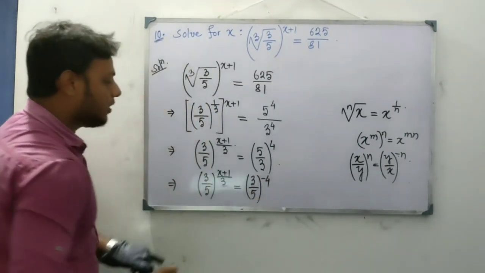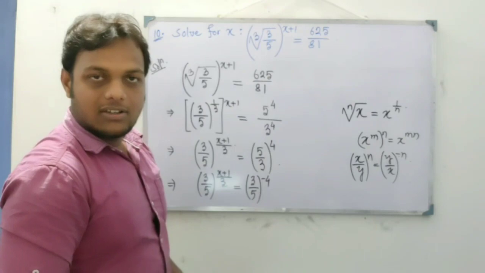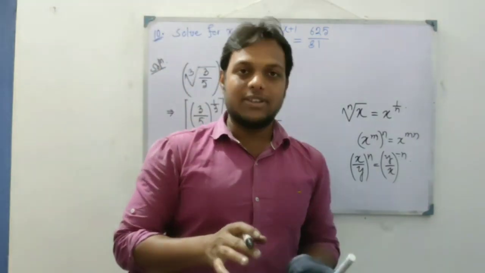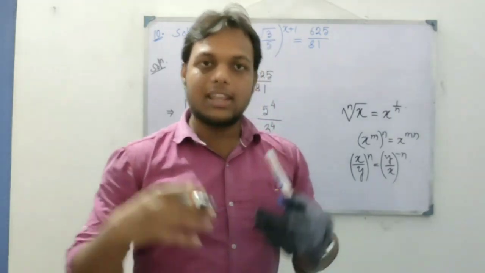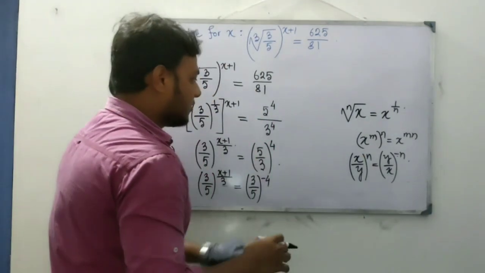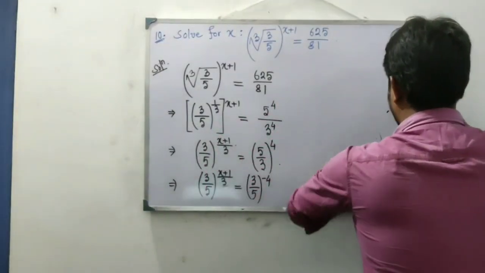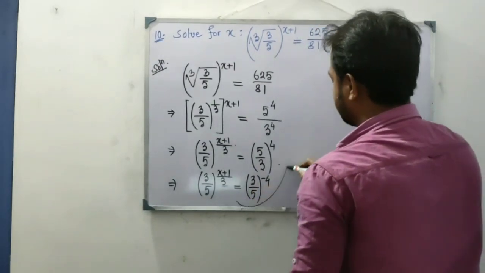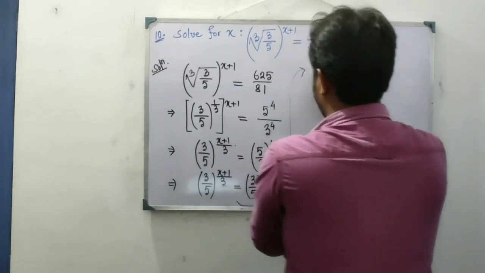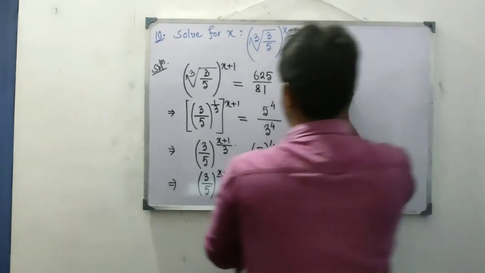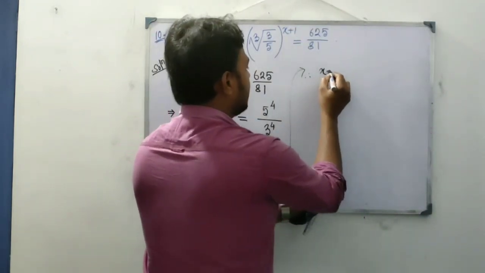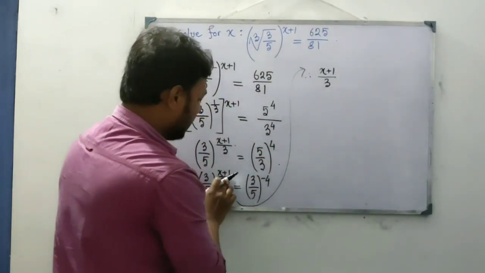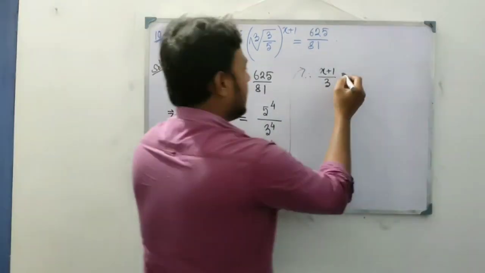Now on both sides we have the same base. Since both exponents have the same base, we conclude that their powers are also the same. Therefore (x+1)/3, the power of the first exponent, must equal minus 4.